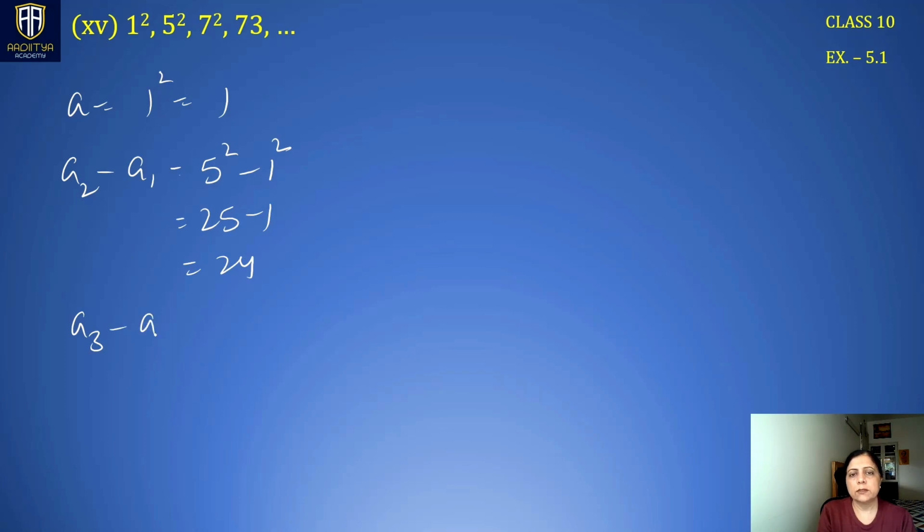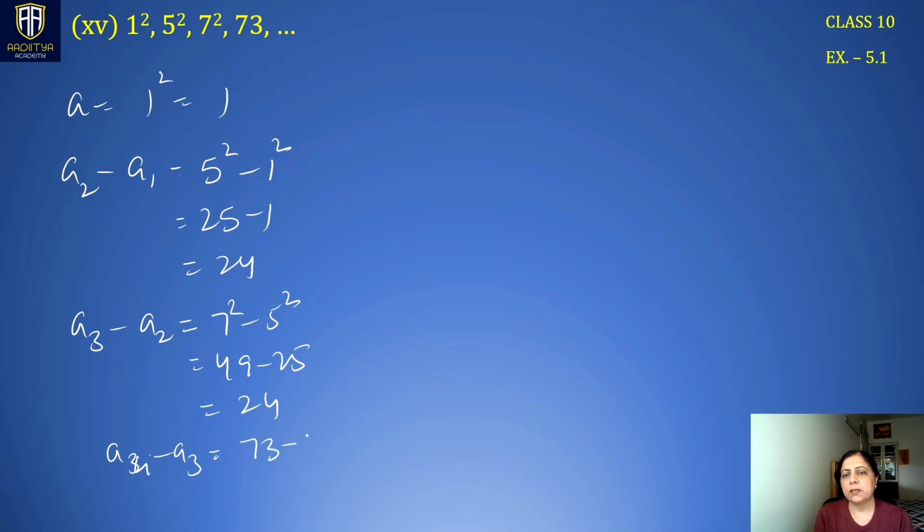A3 minus A2 is 7 square minus 5 square, which is 49 minus 25, so this is 24. And if you want to check once more, this is A4 minus A3, which is 73 minus 49. This is 24. So check: 13 minus 9 is 4, 6 minus 4 is 2. Yes, they all are the same.